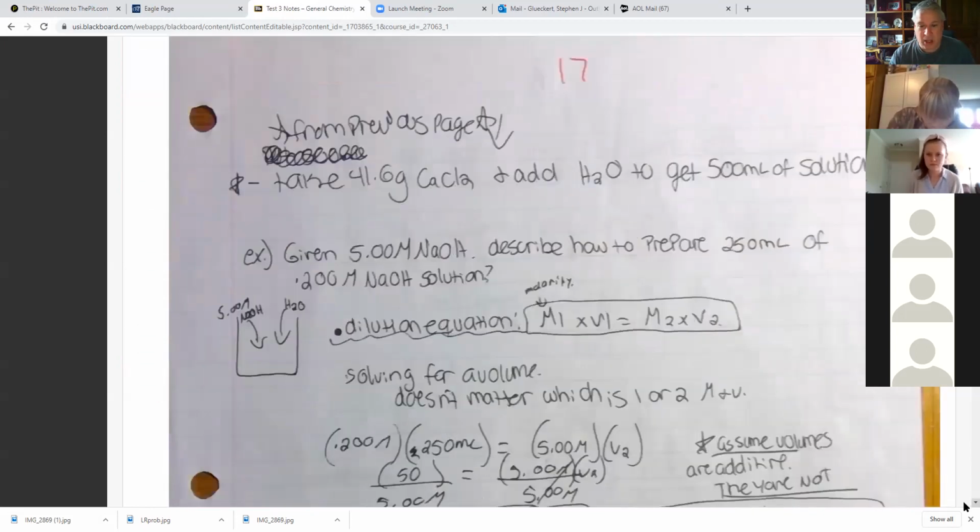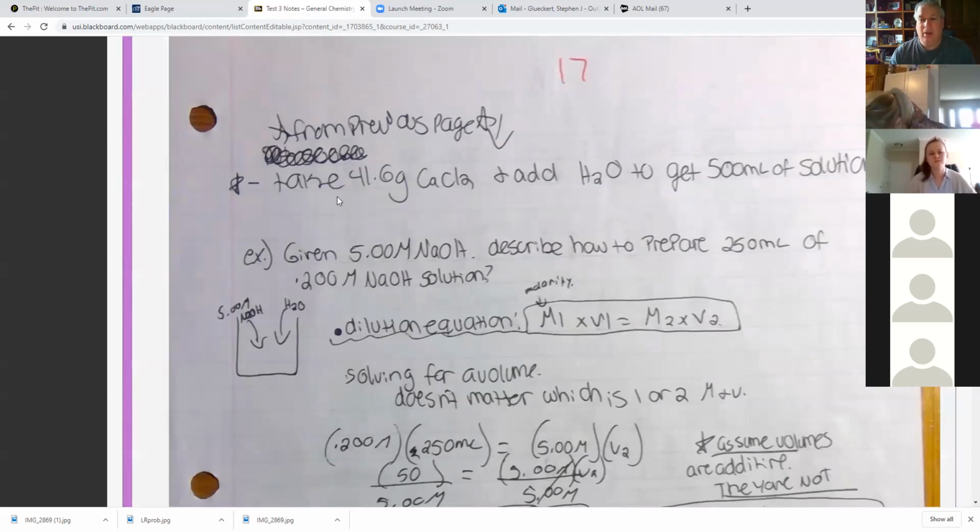All right. So to make your solution, you're going to take 41.6 grams of CaCl2 and you're going to add water until you get to a total final volume of 500 milliliters.